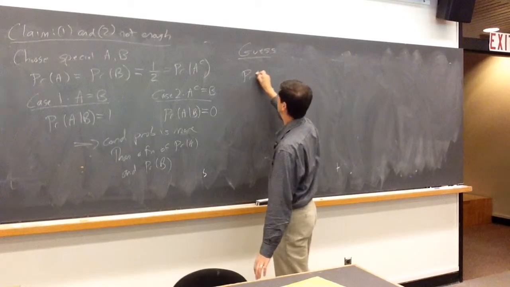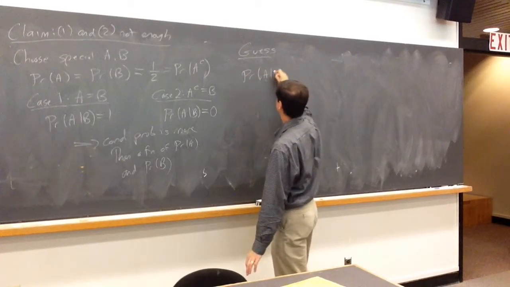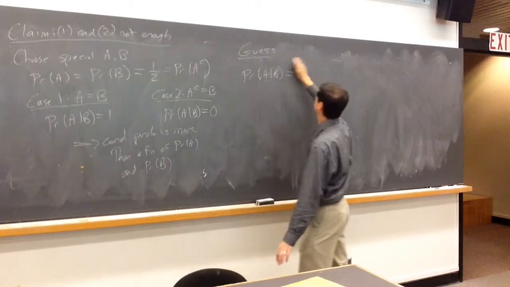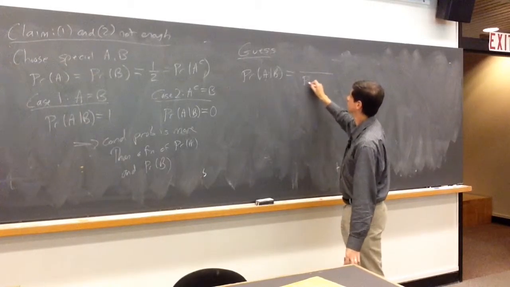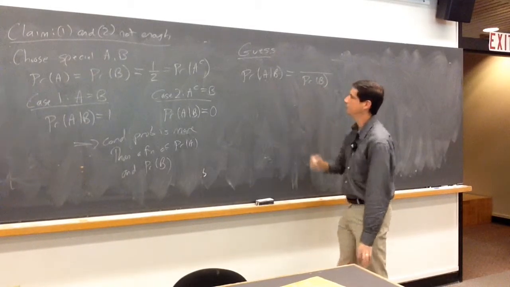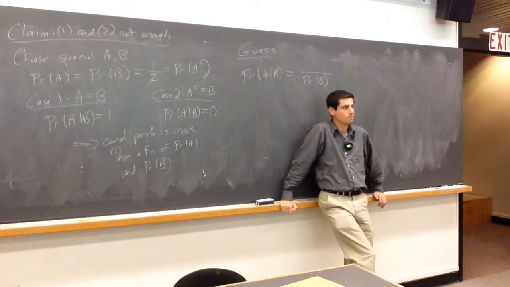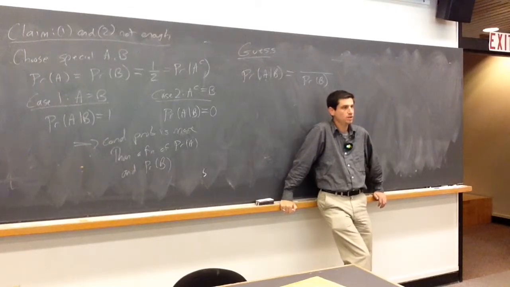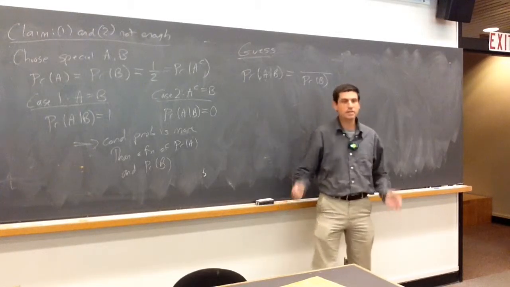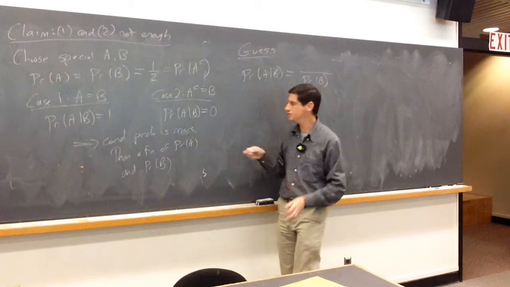The probability of A given B... why would I put a probability of B down below? Yes? Because you can only restrict yourself to cases where B happens. Yeah, I'm basically, think of it as I'm restricting my universe of discourse.